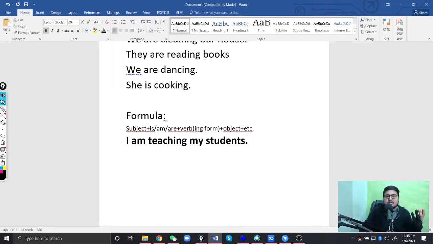And teaching is the verb with ing form. What is the verb here? Teach. And we are using its ing form, which is teaching. And my students is the object. Now, etc. I can add, like, I'm teaching my students in my classroom. So in my classroom will be etc.